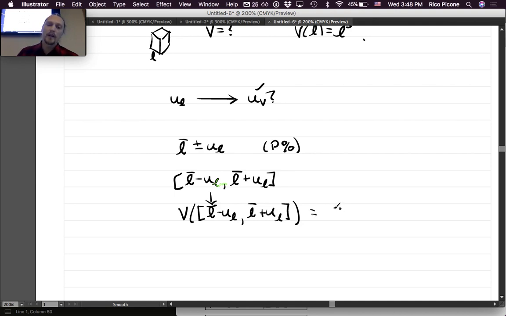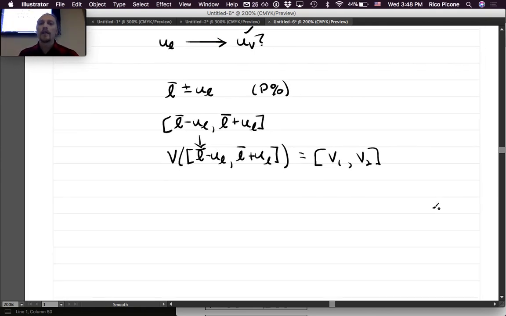I'll call these V1 and V2, the lower bound and the upper bound.